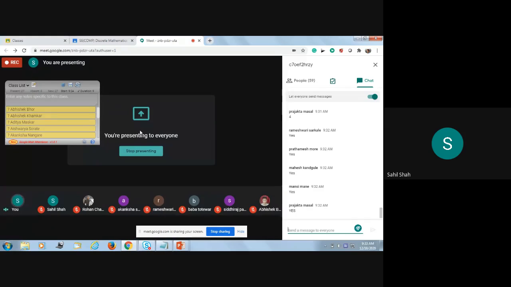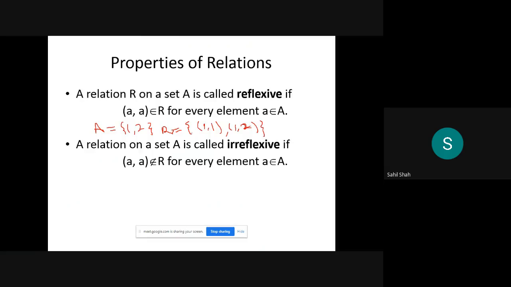So the number of elements in the first set multiplied by the number of elements in the second set, and as it is a binary relation, we take it as an exponent of 2. So 2 raised to 4, we will have 16. Now I have defined a relation R on A cross A having two pairs, (1, 1) and (1, 2). My question is whether R is reflexive.